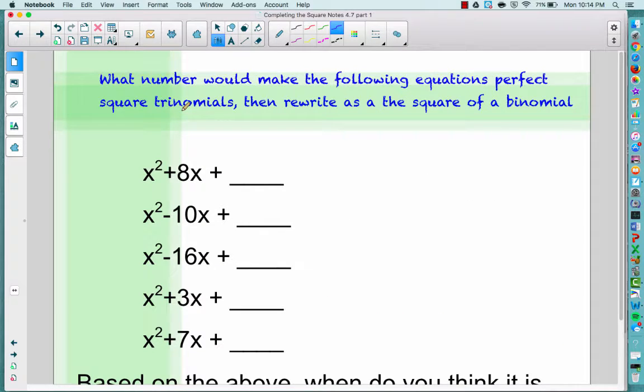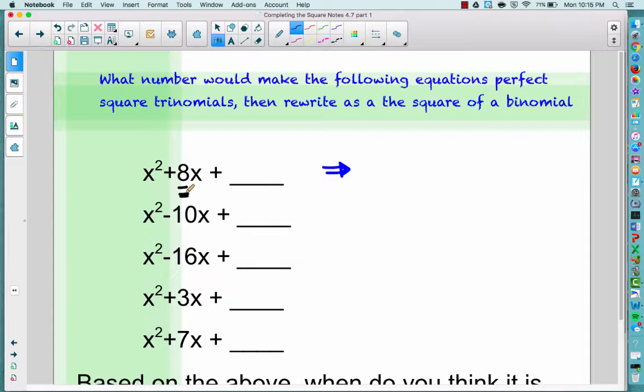So we also need to be able to create perfect square trinomials. In order to complete the square, we're going to have to be good at this skill. First we're going to make a perfect square trinomial, and then we're going to rewrite it as the square of a binomial. If I want to complete the square, the first thing I'll do is take this middle term, this 8, and cut the number in half.